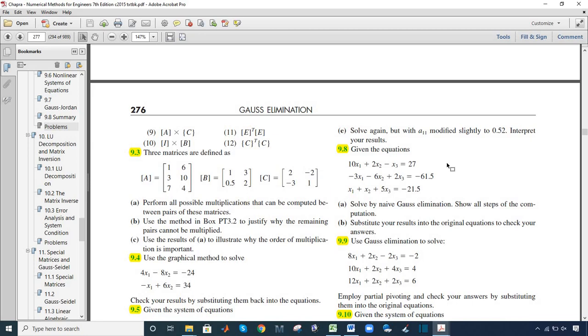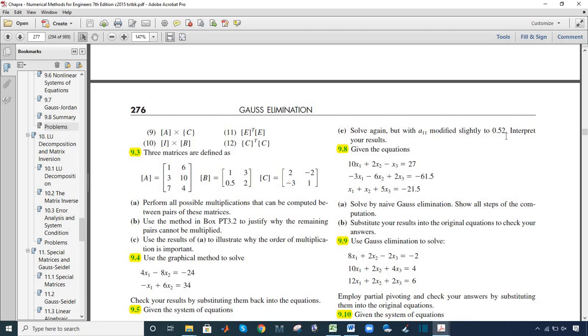And when you replace the value of a11 with 0.52, the previous one was 0.5 and now 0.52, you will observe that now x1 is equal to minus 10 and x2 is equal to 4.3, while in the previous part x1 was 10 and x2 was 14.5.